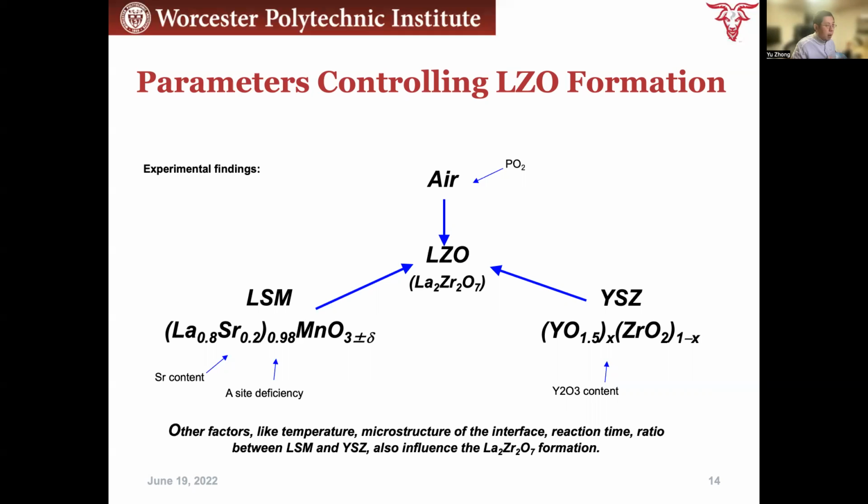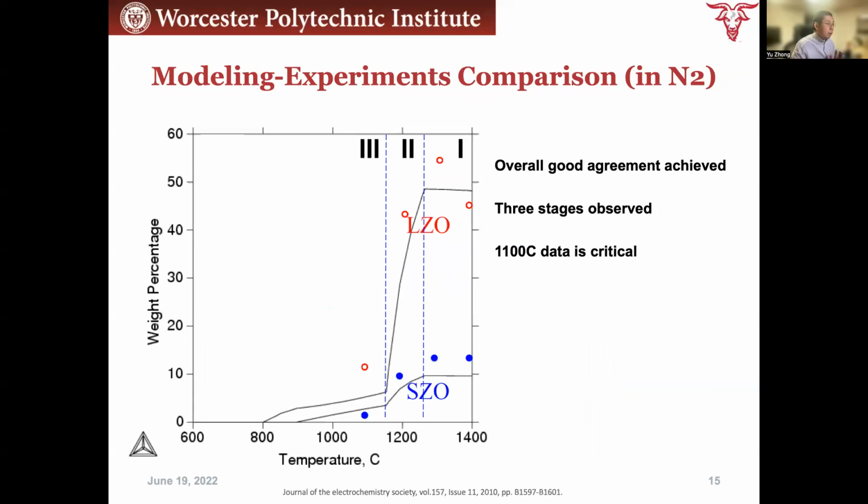Fortunately, we have the thermodynamic database. We can make the prediction. And this is what we predicted, in comparison with the experiment data. We found that the LZO and the SZO, at low temperature, already start to form. Then when the temperature increases to 1200 degrees C, you have a lot. And when you have even higher temperature, you have a significant amount of LZO.